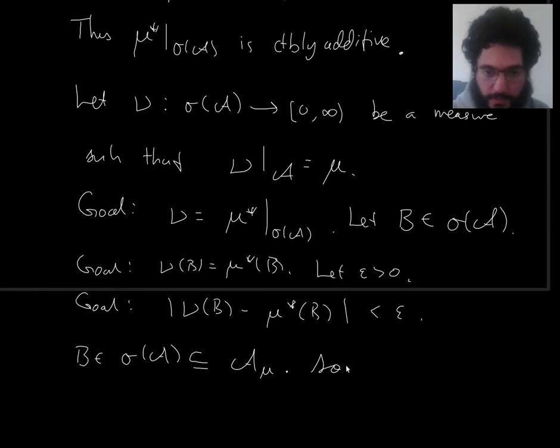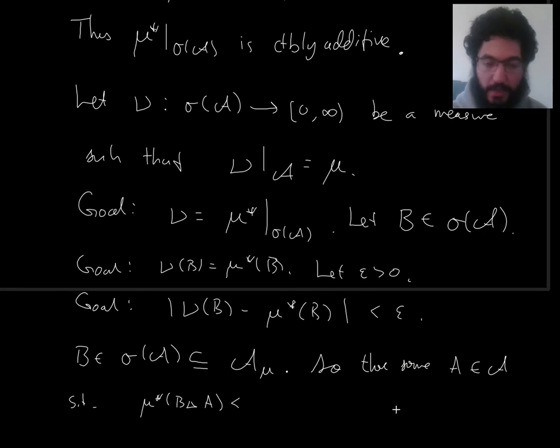So there is some set A in our original algebra of sets such that the outer measure of B delta A is less than, and then I can put any positive number I want. And I'm going to try to arrange things so that I end up with a less than epsilon here. So I'm just looking ahead at the later steps, and I think epsilon over 2 is what I want here.